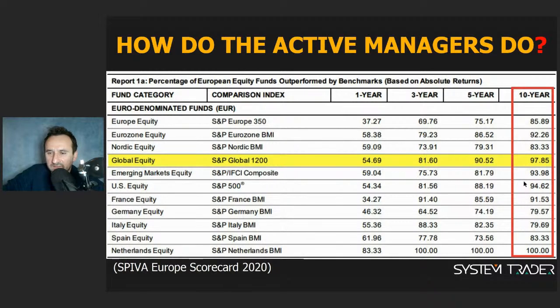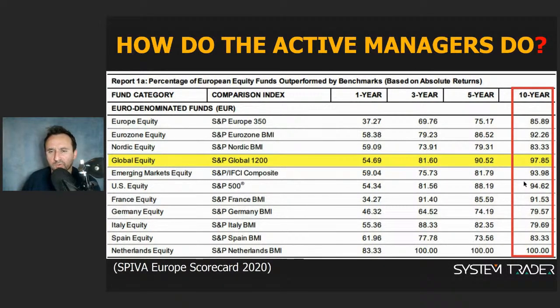So in fact, that's the answer why people are going passive, because at least they know that they will not be beaten by the market. And in fact, by resigning from trying to beat the market, they have almost guarantee that they will have a better performance than the 97% of the actively managed funds.